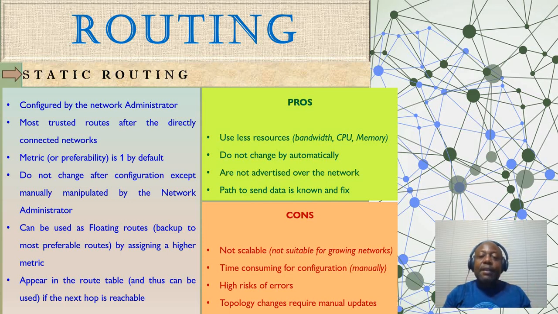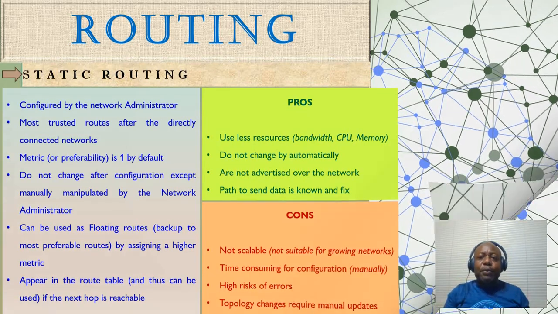The one that is set by the network administrator is there. It's not going to change. But it's not scalable, because in order to set up static routing, you must know all the networks and manually set this up, which can be tedious when we have multiple networks.